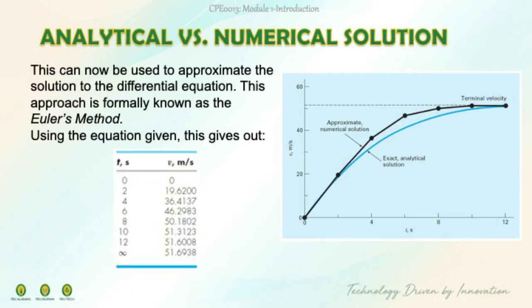Okay, so the results are plotted in our graph along with the exact solution. We can see that the numerical method captures the essential features of the exact solution. However, because we have employed straight lines to approximate a continuously curving function, there is some discrepancy between the two results.